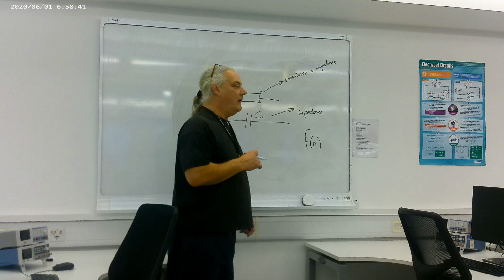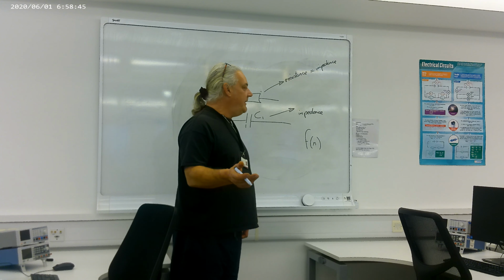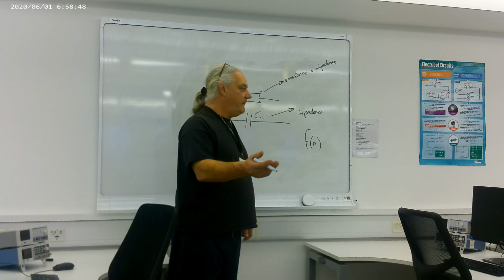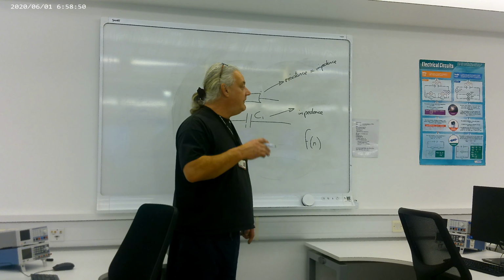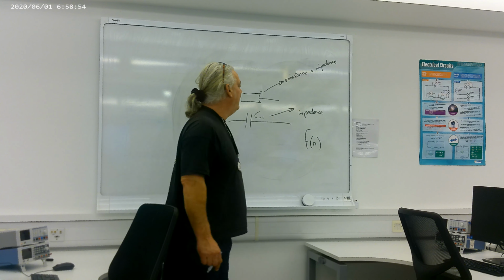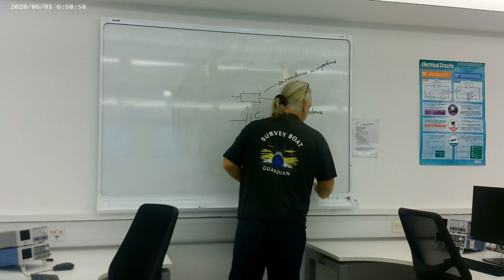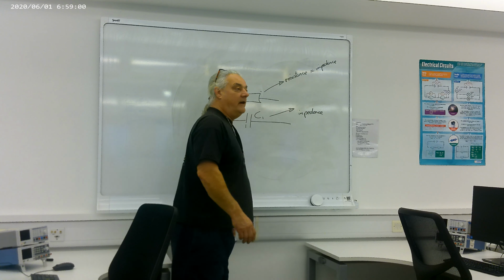So if you've got a cup of coffee and I come and drink half of it, that's a function of one half of your coffee after it's drunk, right? It's a thing, you've done something to it. So what that means is that the impedance changes as a function of frequency.